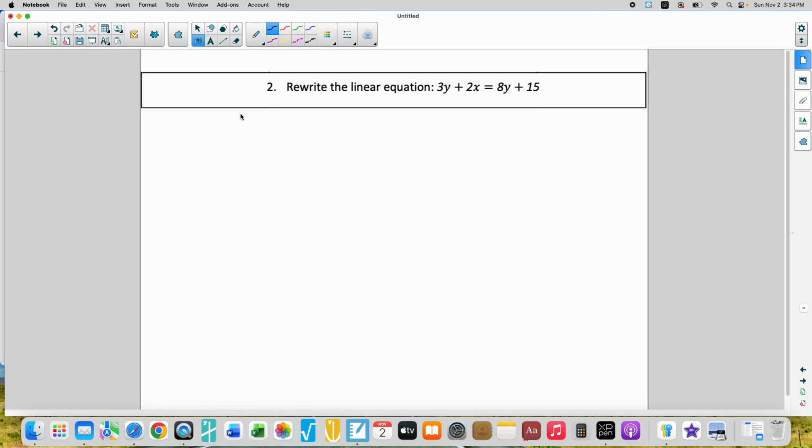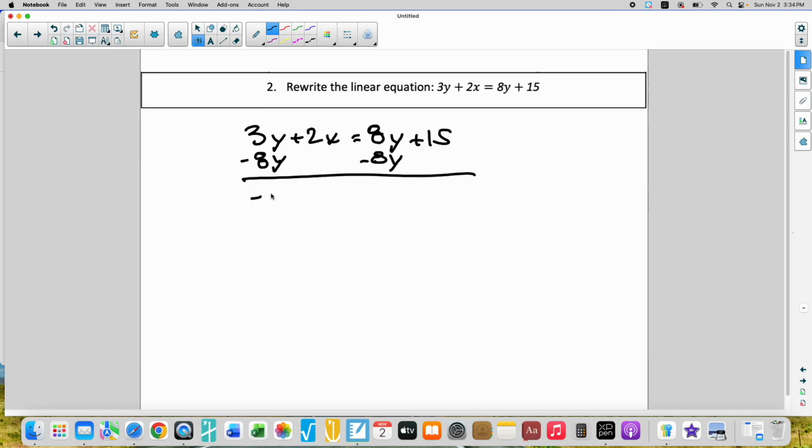Rewrite the linear equation. Okay. So we have 3y plus 2x equals 8y plus 15. Let's move the y's over, giving us negative 5y plus 2x equals 15.